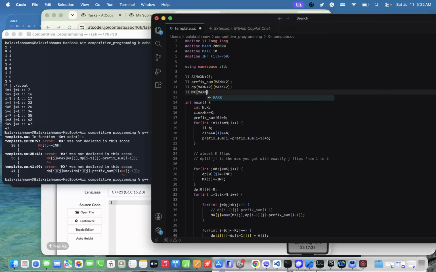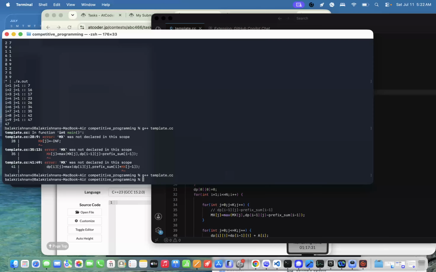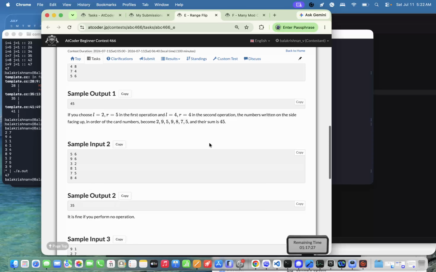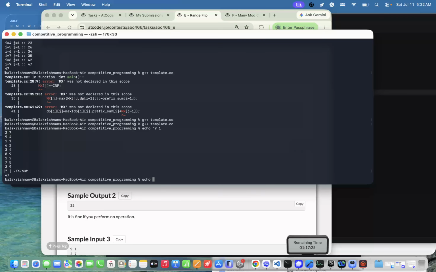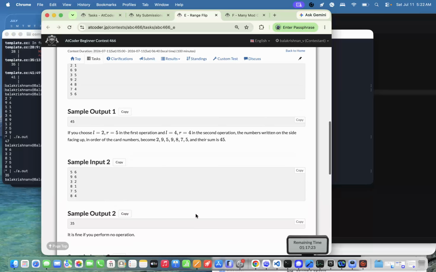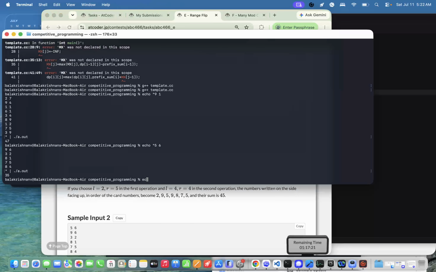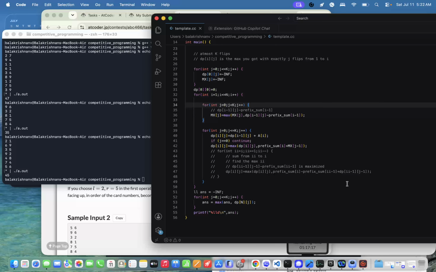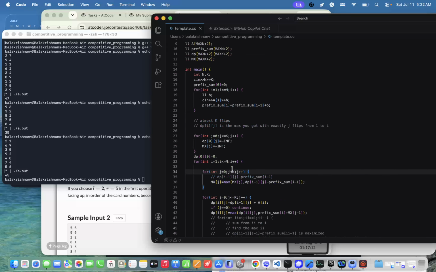Max k plus 2 plus 2, yeah. It's 47, then 35, then 45. That should work. Yeah, that should be efficient.